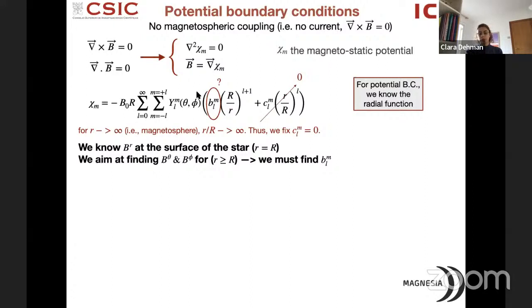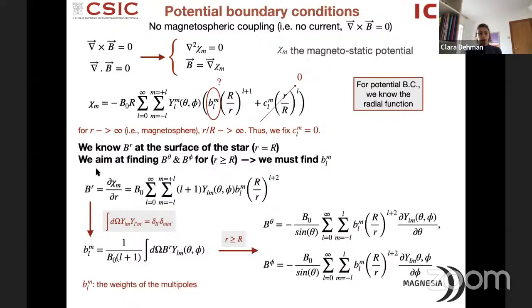So to do that, what do we have? What we know is the radial component of the magnetic field at the surface of our star. What we aim at constructing is the two angular components of the magnetic field at the surface of the star and also one cell above the surface. To do that, we need to find the weights of the multipoles. It's very simple.